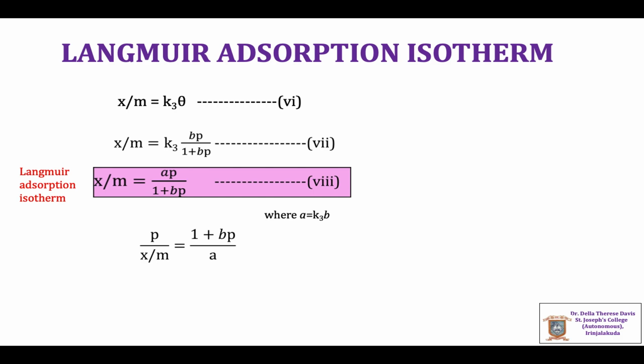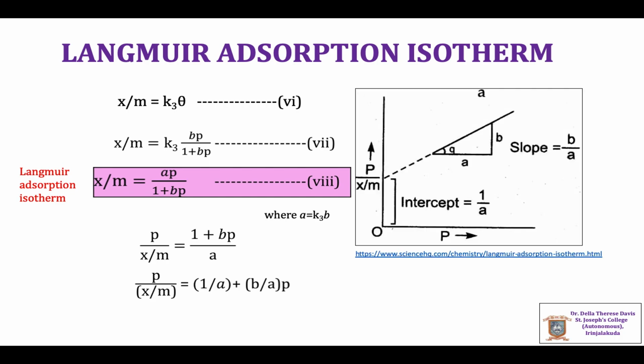This equation can be rearranged as P divided by x by m is equal to 1 plus BP divided by A. It can be again written as P by x by m is equal to 1 by A plus B by A into P. This equation is of the form y is equal to mx plus c.